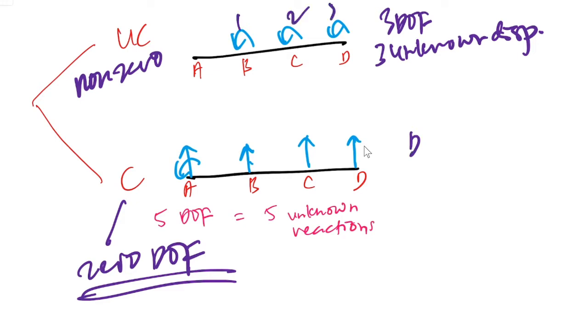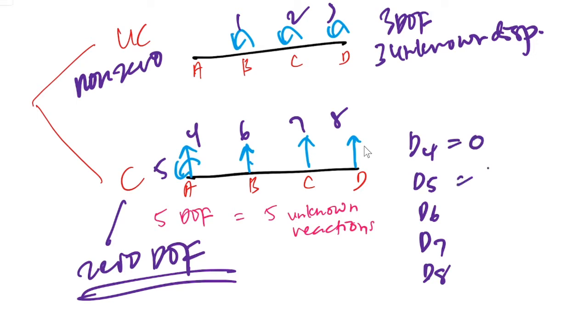0 degree of freedom means, okay, label first: 1, 2, 3, 4, 5, 6, 7, 8. D4, D5, D6, D7, D8 are all 0. This is what the statement 0 degree of freedom means.